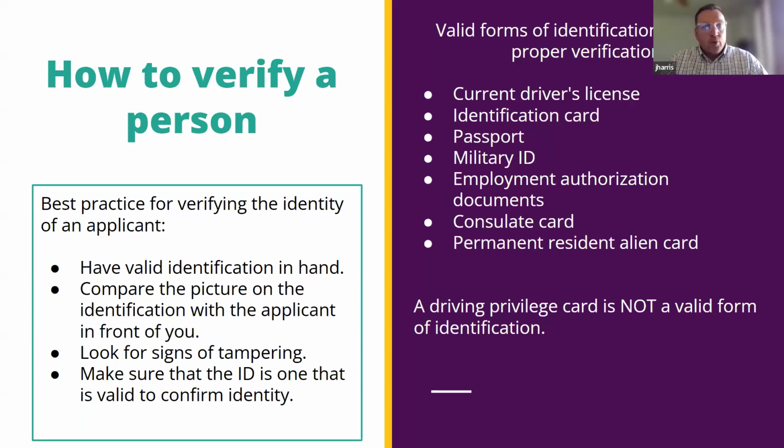So please make sure that as you're looking at and verifying these forms of identification, if you come across a driver's privilege card, that is not a valid form of ID. And again, to reiterate the importance of what you're verifying, all of the information that you're taking from this identification is entered into the DACS system, so it's imperative that it be accurate. Okay, go ahead to the next slide, please.